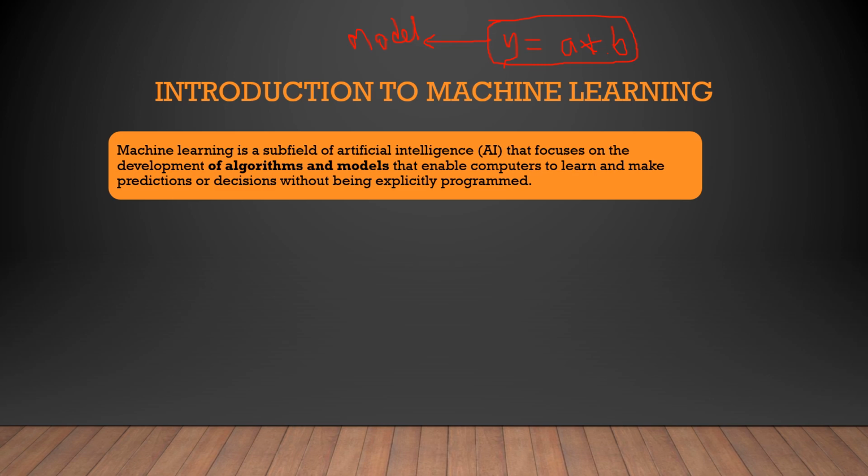Let's say y is equal to a into b. So here y is an output variable, or else a target variable, and these a and b are considered to be input variables.